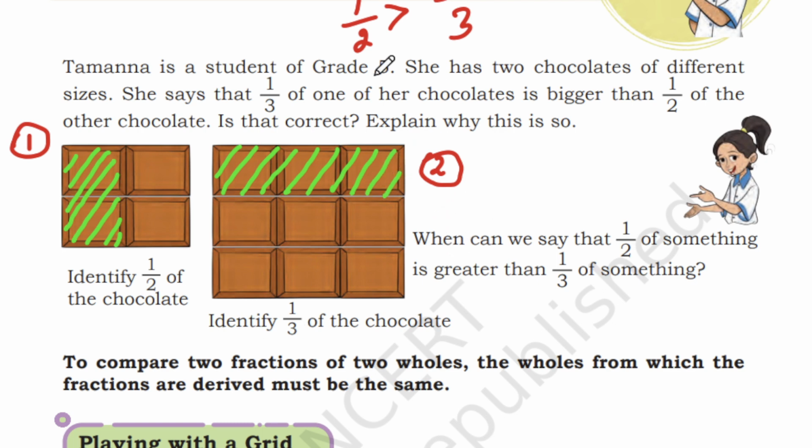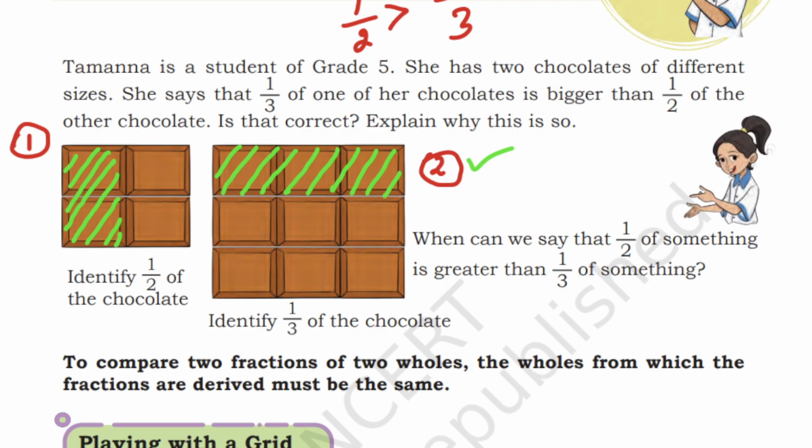Okay, now let's see. So which is greater here? This chocolate number 2 is greater, bigger. That is because the size of the chocolate is actually bigger. You can explain why. Is what she said correct, Tamna?